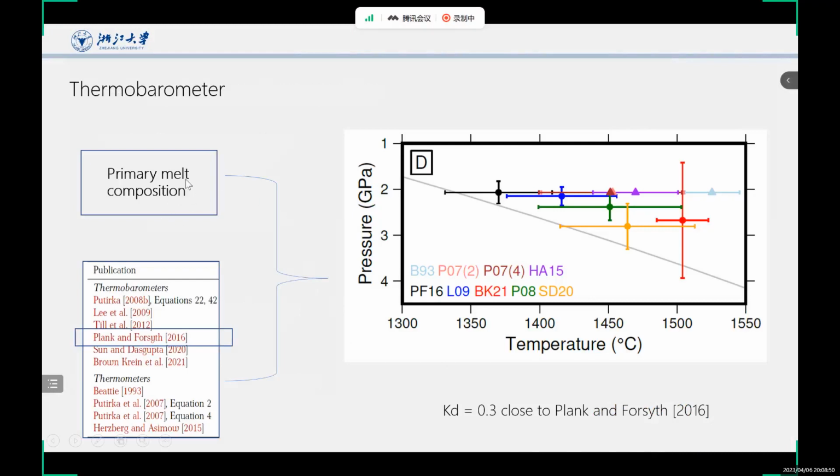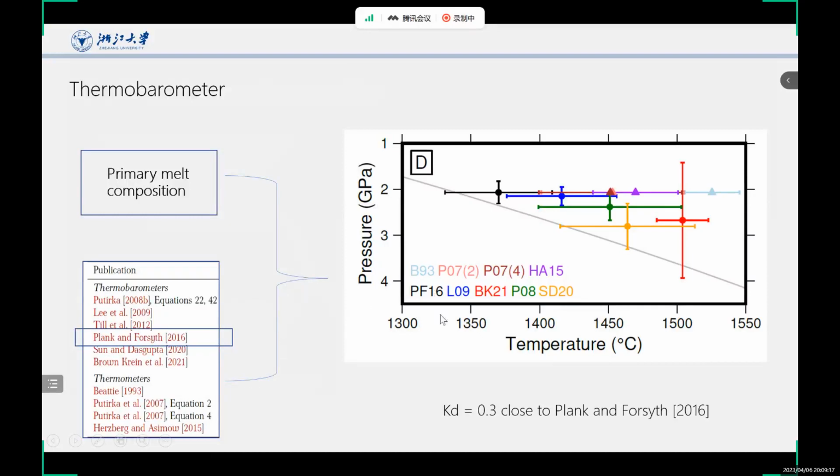Then the second part is to use the traditional thermobarometer to calculate the pressure and temperature of the melt. They choose a sample from Plank and Forsyth 2016, and they use all these thermobarometers to calculate the result.